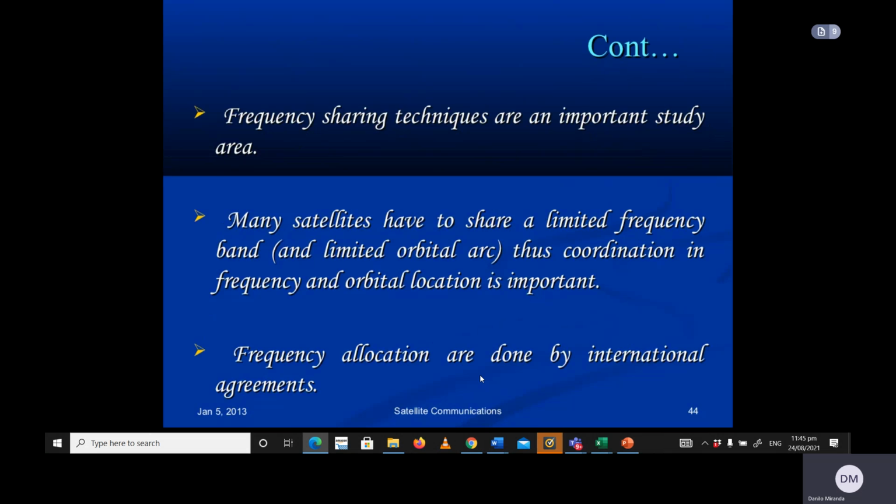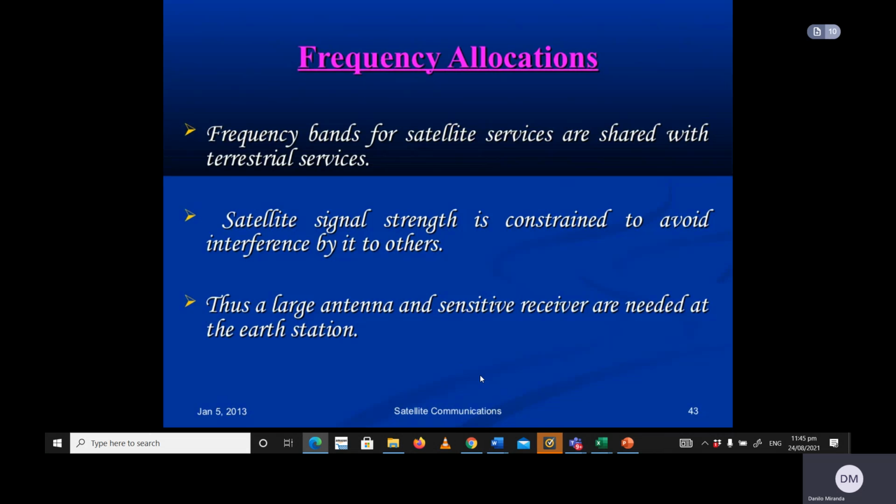Now, these are the frequency bands. Frequency bands are being shared, no? And of course, for business purposes.